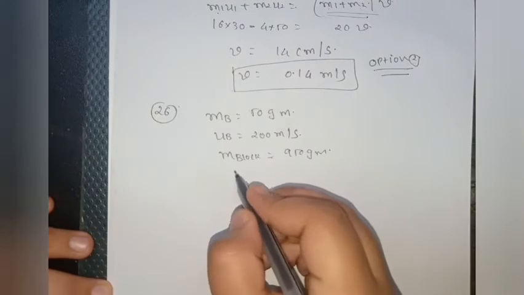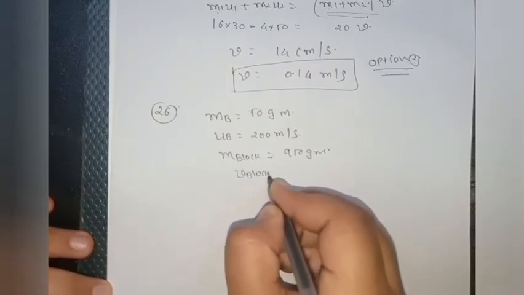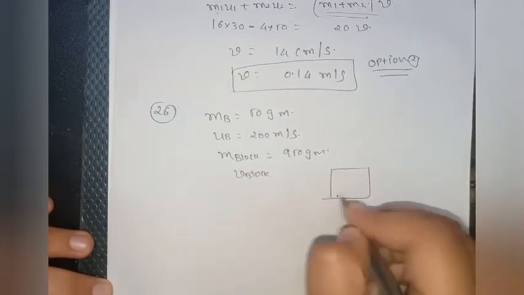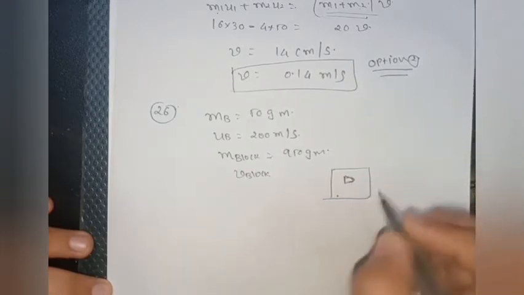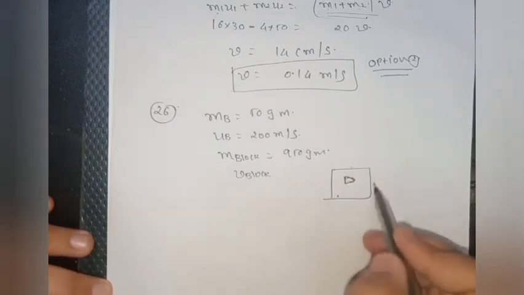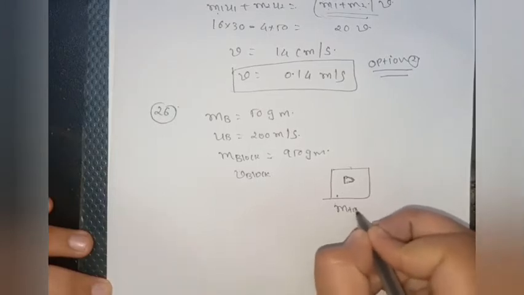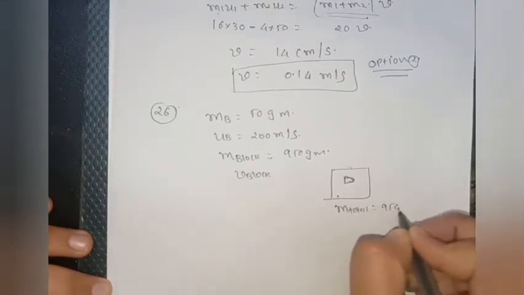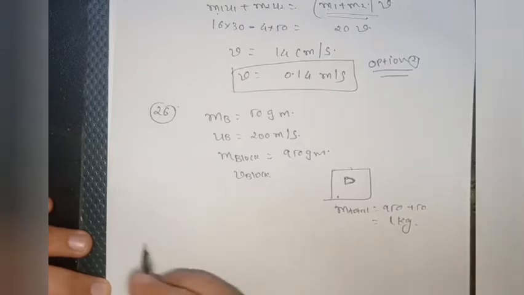We want to find the velocity of the block after the impact. Here the bullet gets embedded into the block, so after collision the total mass will be 950 plus 50 gram, that will be 1 kg.